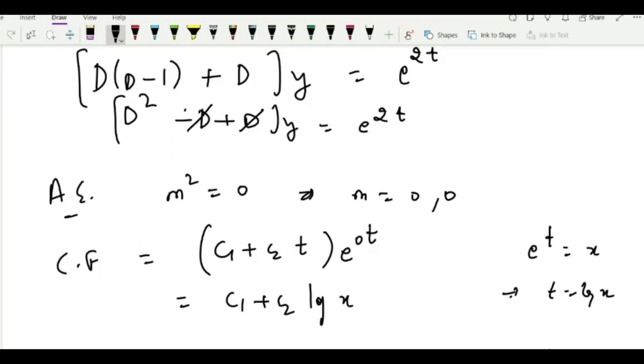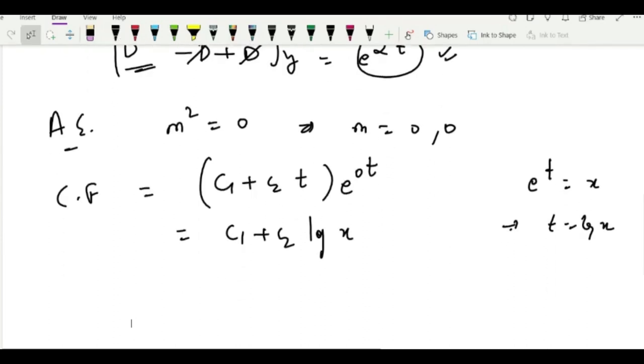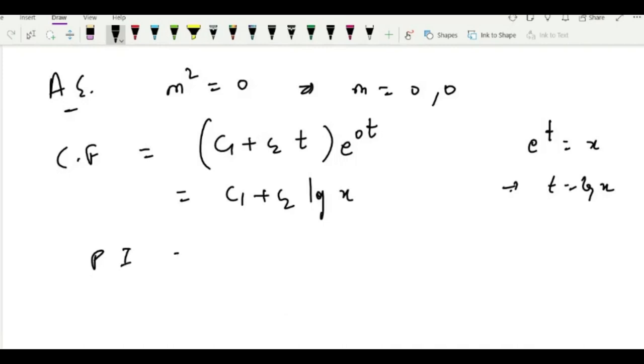For finding PI, we have e raised to power 2t as the non-homogeneous part and f of D as D square. So for finding PI, we have 1 upon D square e raised to power 2t. As 1 by D stands for one time integration, so 1 upon D square stands for 2 times integration.